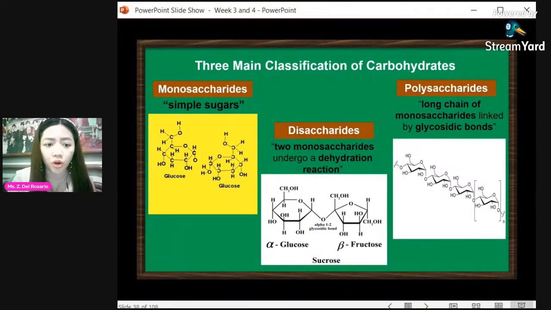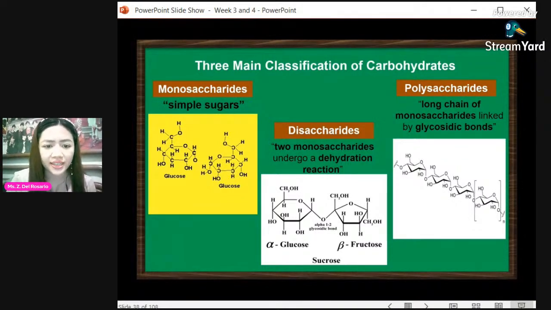Thus, when we say monosaccharides, this refers to simple sugars. Thus, as we move along to the next one, which is disaccharides, it means di, two, and saccharides itself would be the sugar or sweet.